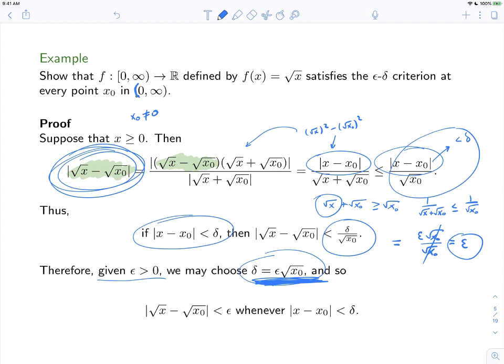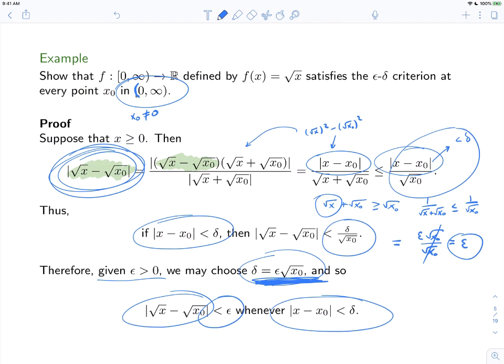So what that shows us is that if we insist that x minus x naught is less than this delta, then the difference in the output values must be less than epsilon. And this is true for any of these x zeros that we picked, as long as we stayed away from 0. We could also do it for 0, but I just didn't want to divide by 0, so I made that restriction in this case.